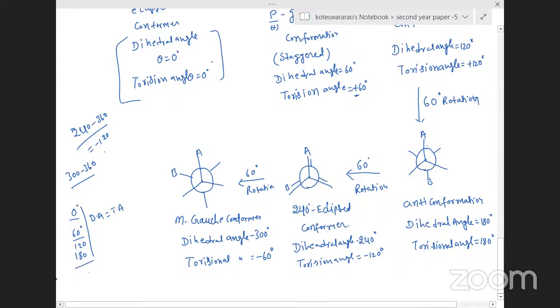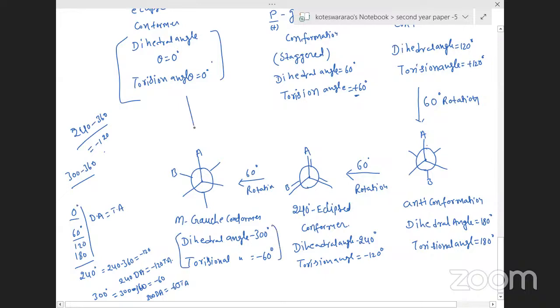But after that, when you are rotating 240 degrees, you need to do some calculation. 240 minus 360, that is minus 120, is the torsional angle. At 300 degrees, 300 minus 360, that is minus 60: 300 dihedral angle equals minus 60 torsion angle. Then, after achieving this meta-gauche, this is the torsional angle.